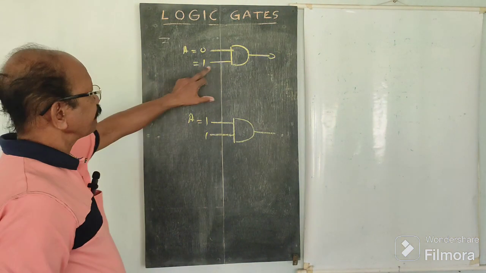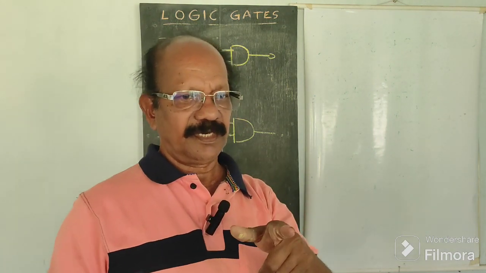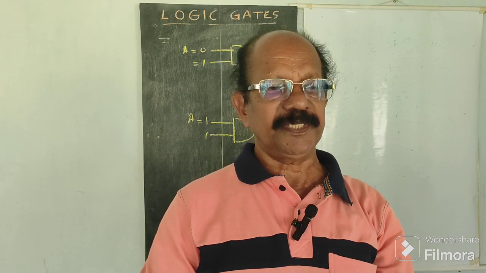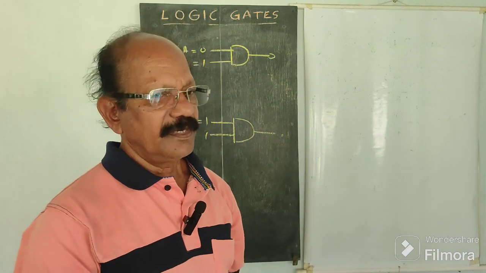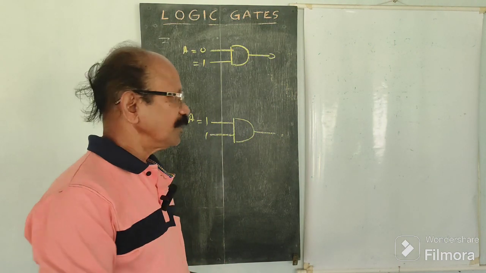Next, in general, we can put the laws of Boolean multiplication in the following way. A and 1 is equal to 1.